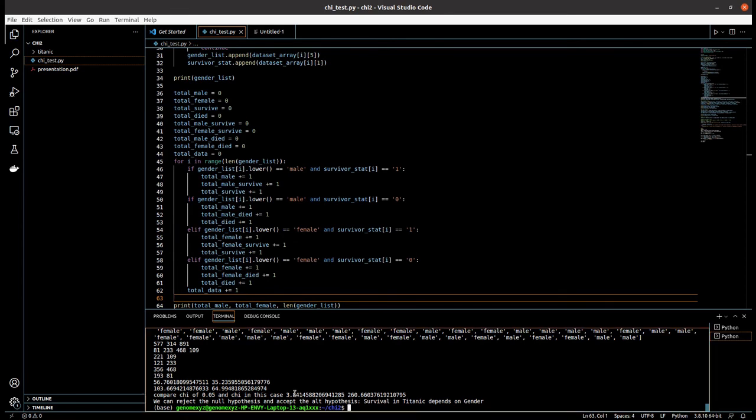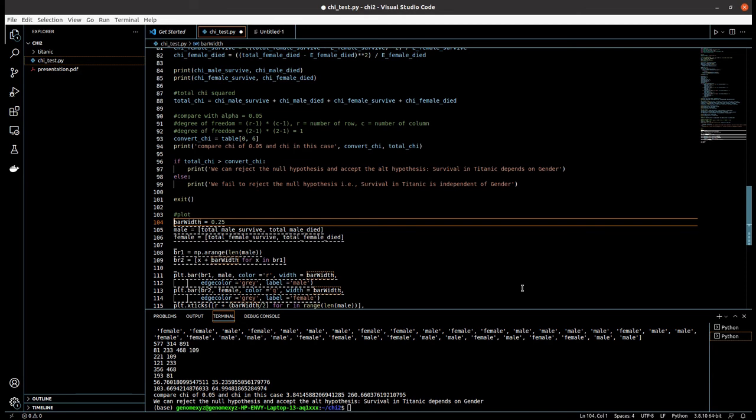Here, this is our threshold and this is our total chi-squared. And as you can see, this surpasses the value on the left, and that's why we can reject the null hypothesis and accept the alternative hypothesis that survival in Titanic depends on the gender.